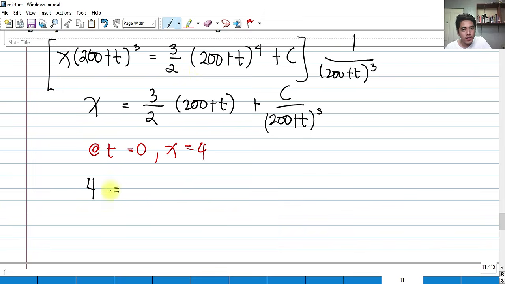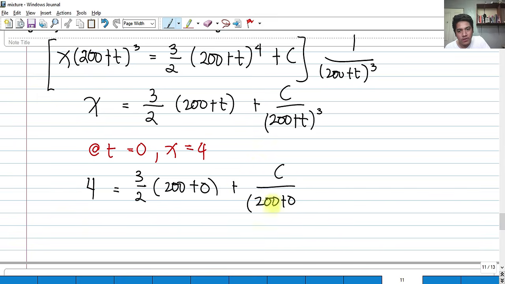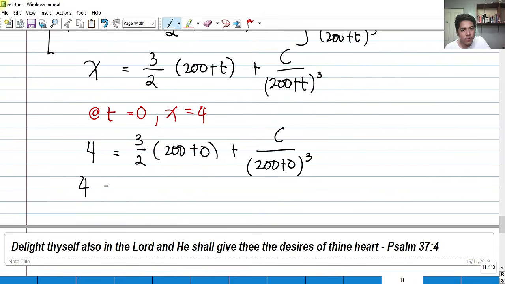We have 4 is equal to 3 halves times (200 + 0) plus c over (200 + 0)^3. So, as you can see here, 4 is equal now to 600 over 2, that becomes 300, plus c over 200 cubed.